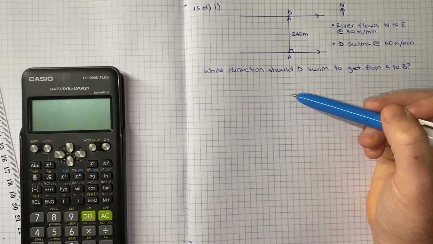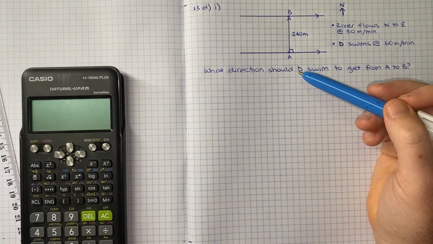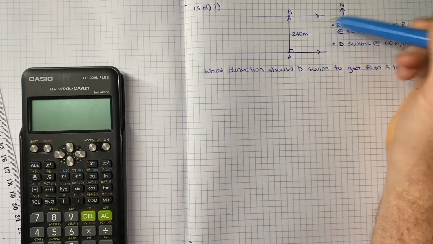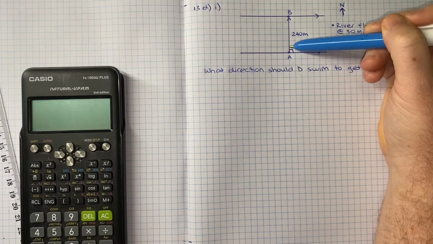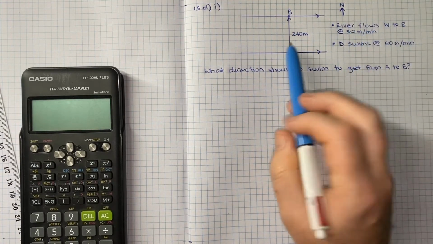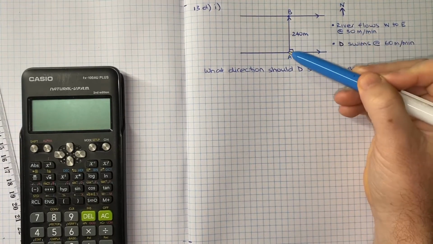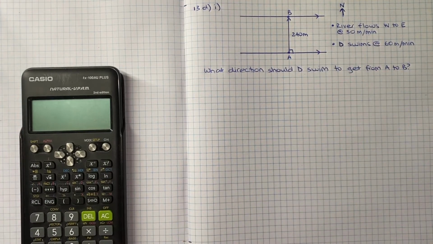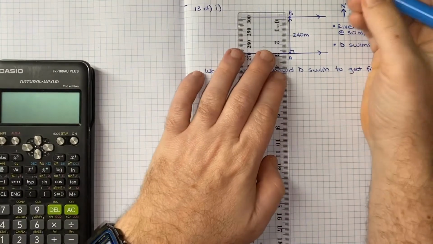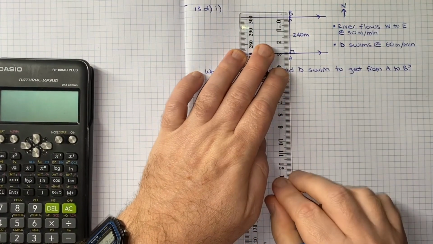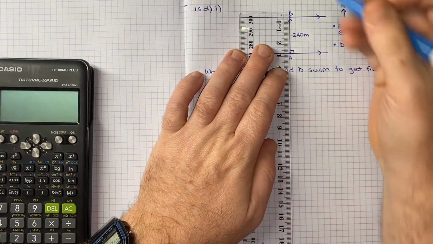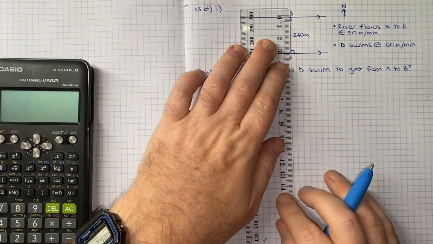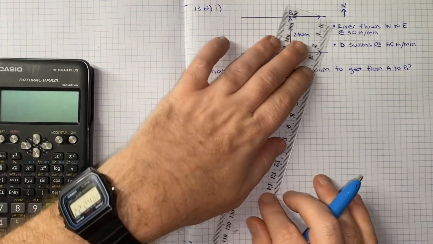And I think the first point to note is that D can't just swim straight up. If D swam directly north, then the river flow would start to push him towards the east. He can't go straight up because the river will push him east. He can't go northeast because he'll get pushed even further east.